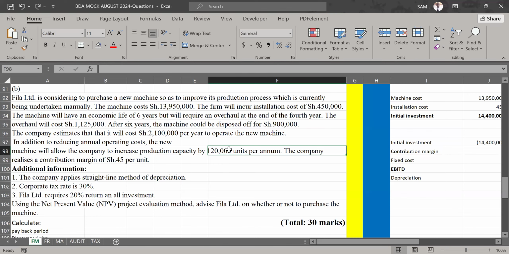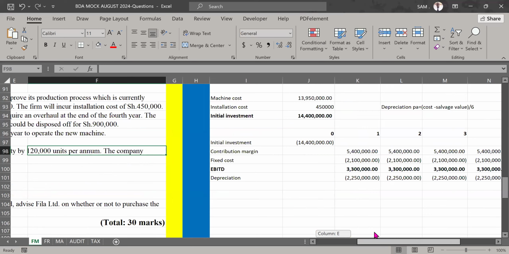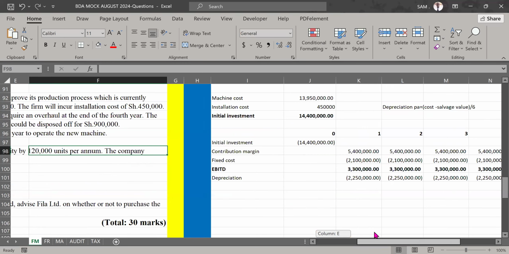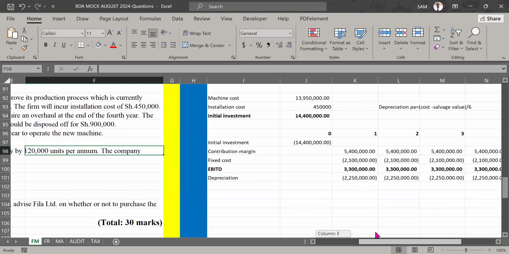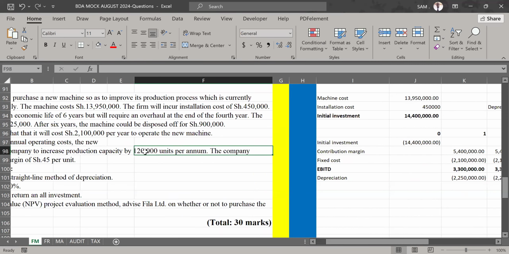And then that increase will ensure the company also realizes an increase in contribution margin of 45 shillings per unit. So when we come here and start by looking at the cash flow itself, the value increase in terms of money, we multiply the number of units that we are going to get, the improvement in the production capacity, by the contribution margin for each of those units that we are going to realize.